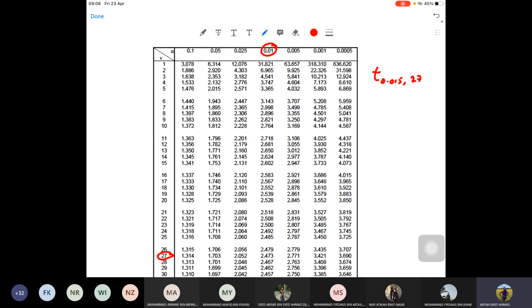So for this one kita ambil yang paling hampir, this one 2.473. Then masukkan dekat dalam equation tu, cuba kira berapa dia punya confidence interval.